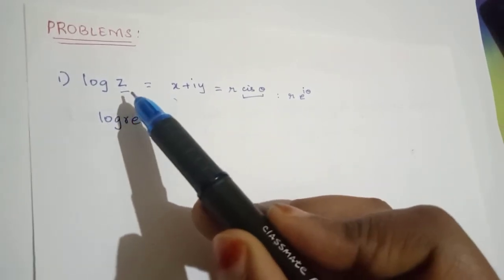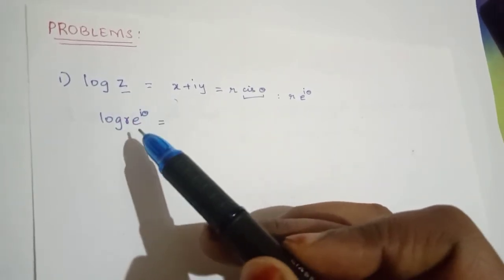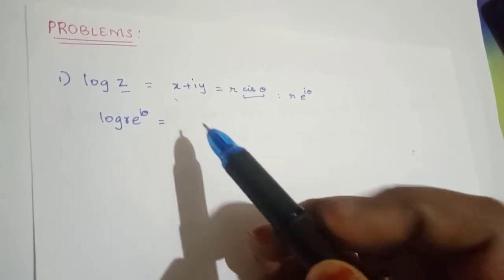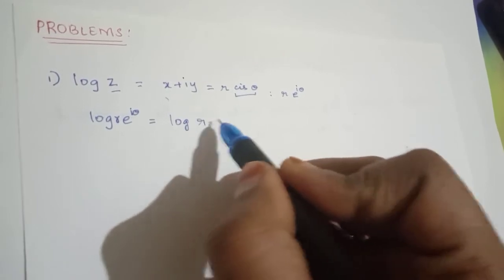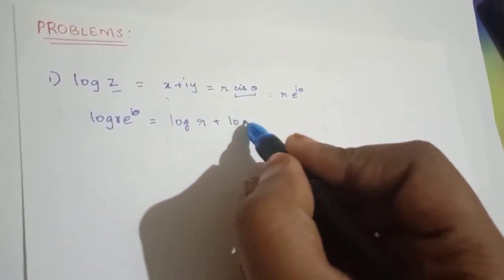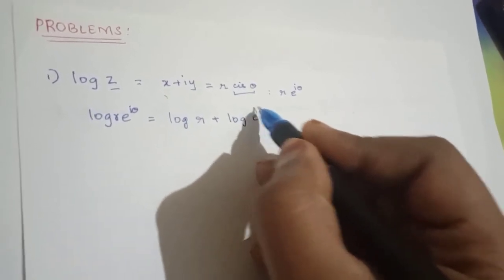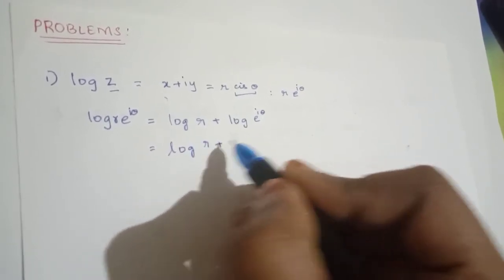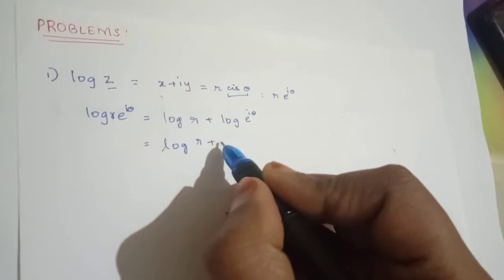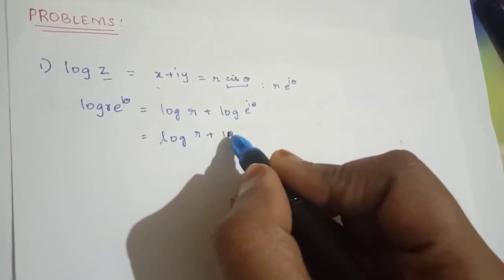So log z can be written as log of r into e power i theta. Separating both, we can write log r plus log e power i theta. Log r remains the same, plus log and e cancel, so it becomes i theta.